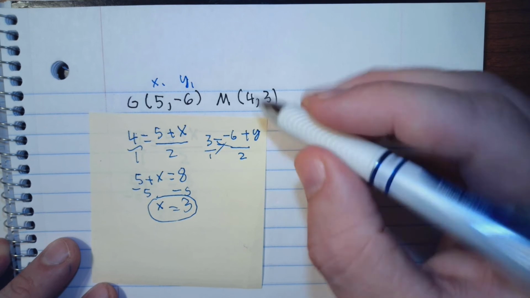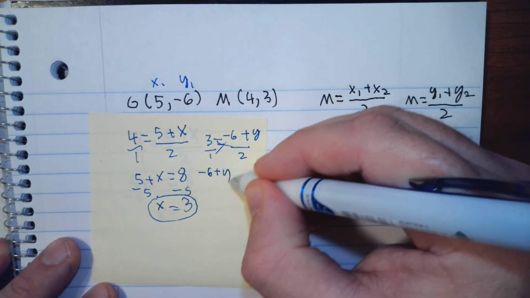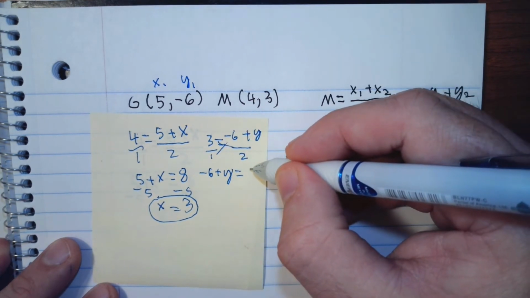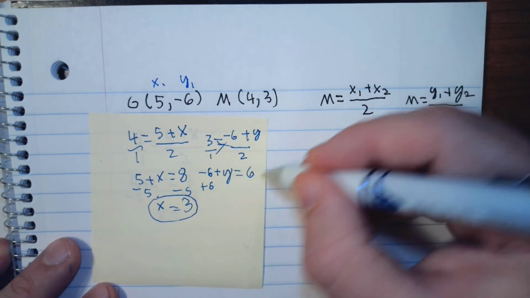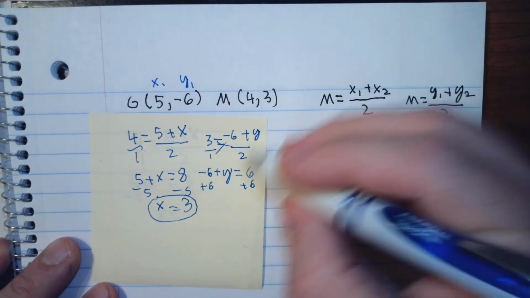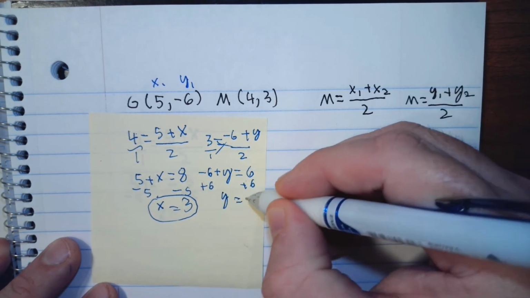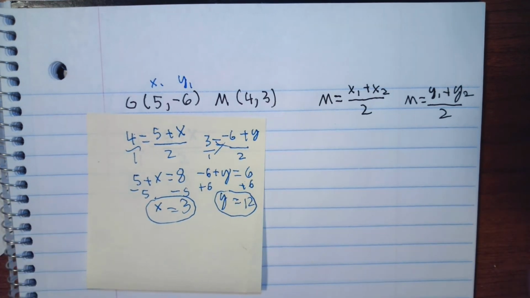So negative 6 plus y is just negative 6 plus y. And 2 times 3, that is going to be a 6. So I'm going to add 6, and then we get y equals 12. Okay. So that's kind of the algebra way to do it.